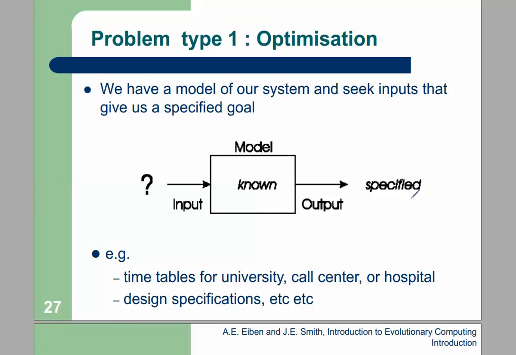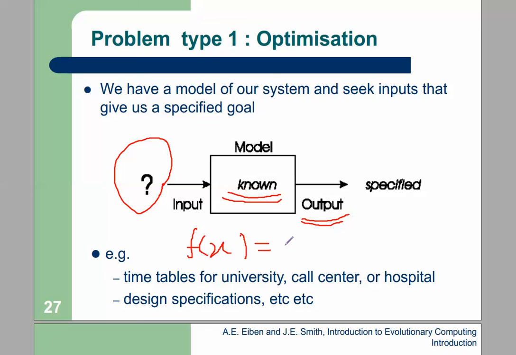First group is optimization. Optimization is the problem where we know the model and we know the output, but we want to find an input to provide the best output in this model. For example, we have a complex function and we want to find the root of this function.